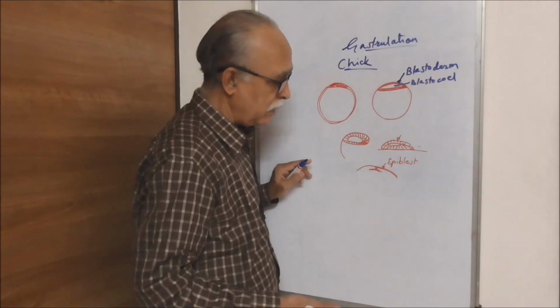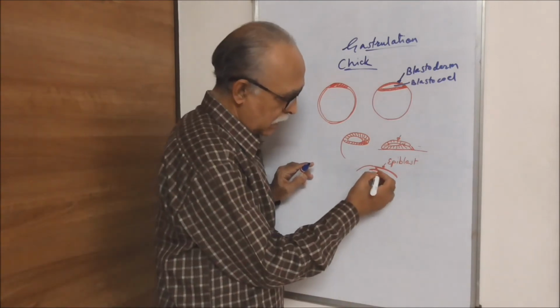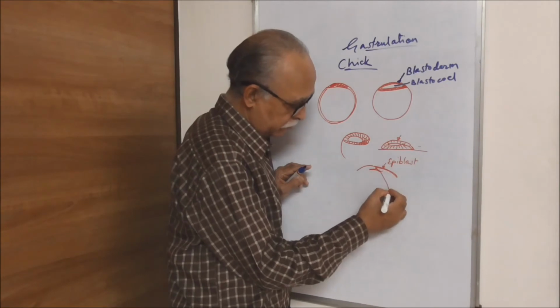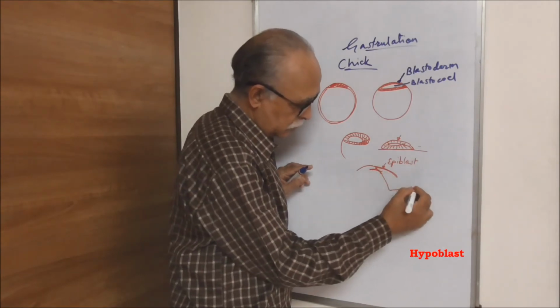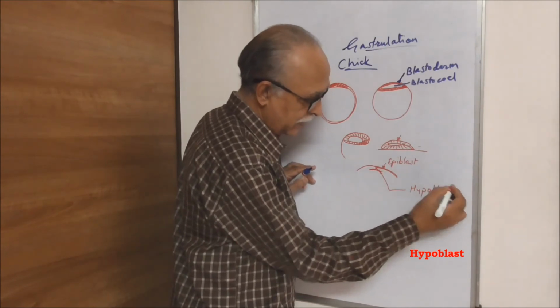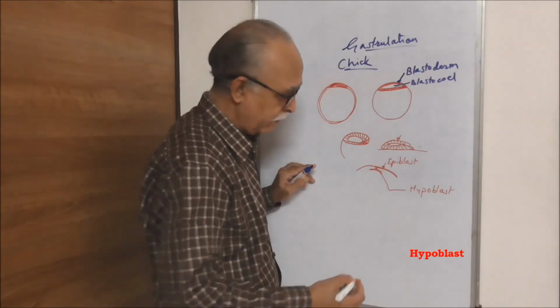Epiblast is going to become the ectoderm later on. And the lower layer that is developing here, this becomes hypoblast. That would become the endoderm later on.